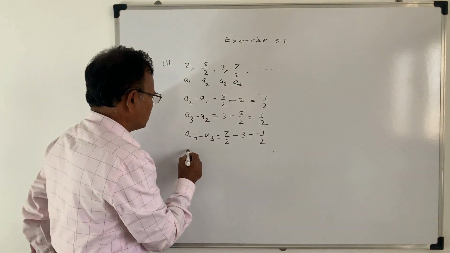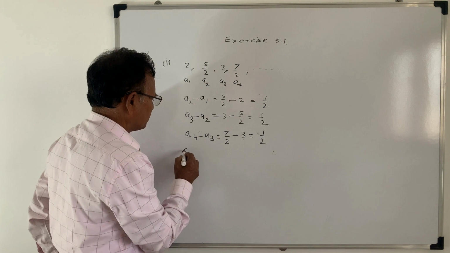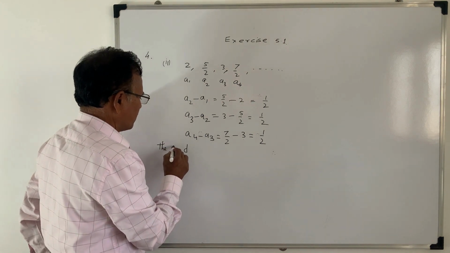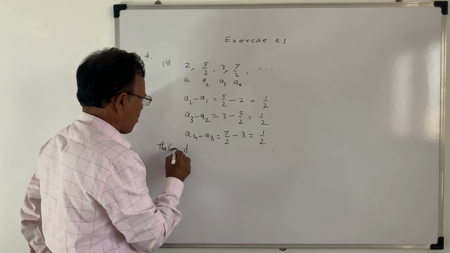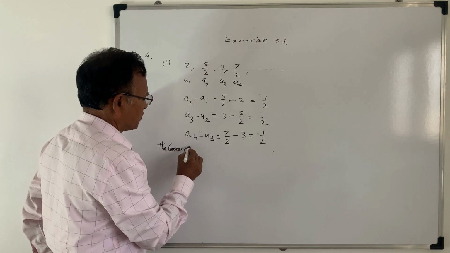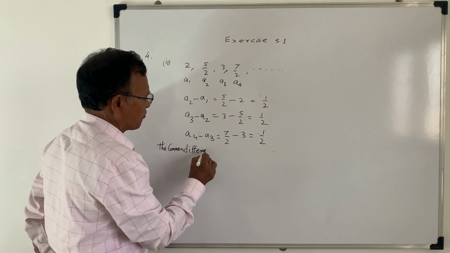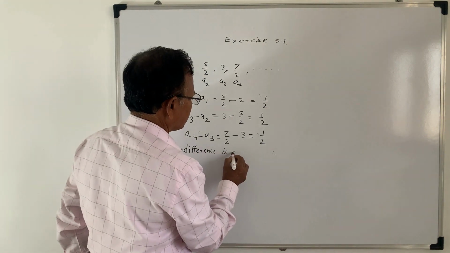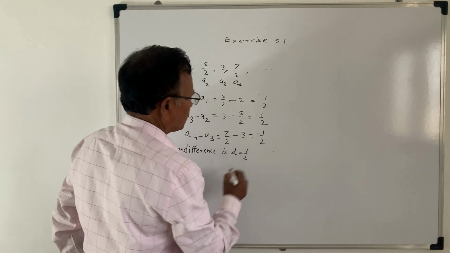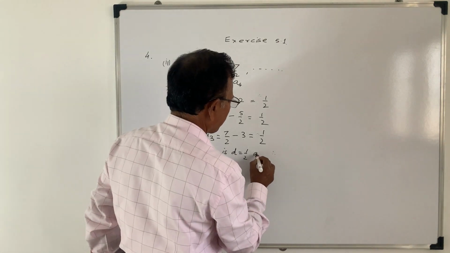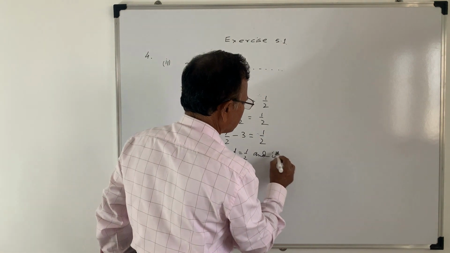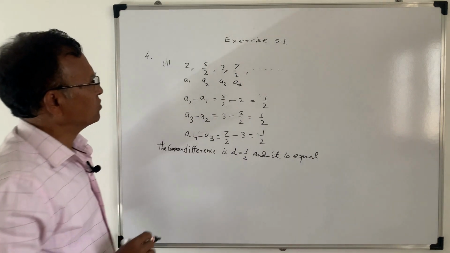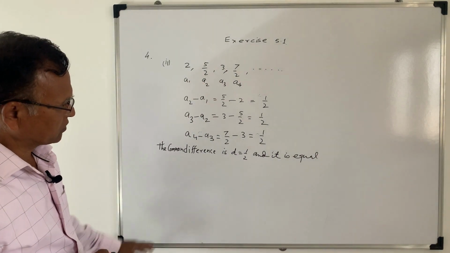and therefore you can write the common difference is D is equal to 1/2 and it is same, and it is equal throughout the sequence.